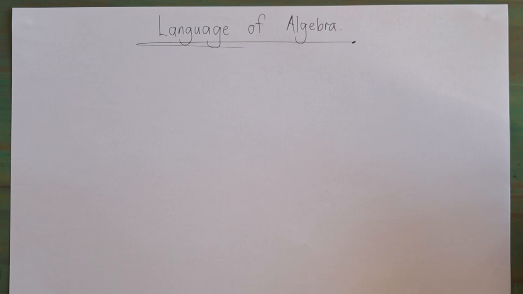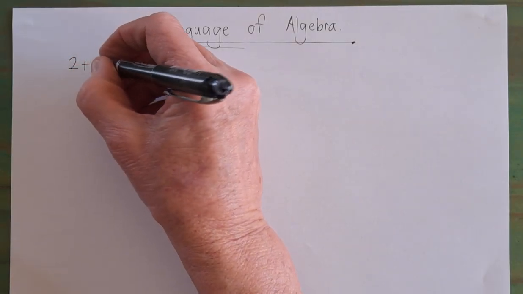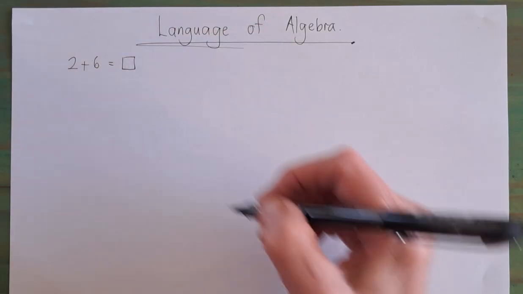But first of all, to have a look at algebra itself, most people, as soon as they see variables, which are lowercase letters, realize that's algebra, and sometimes there's a lot of fear attached to it, and that needn't be the case. We need to just learn the language. So if we go right back to the beginning of our schooling, at some stage we had 2 plus 6 equals placeholder.